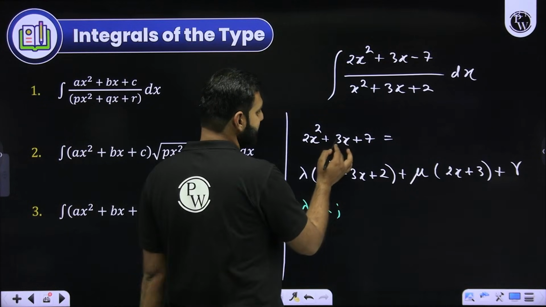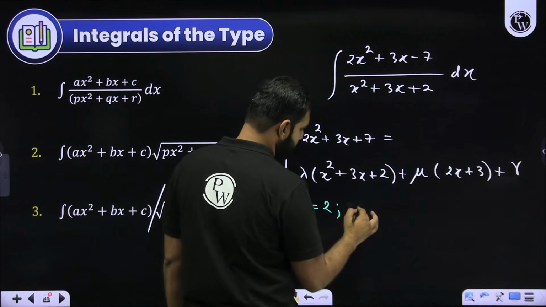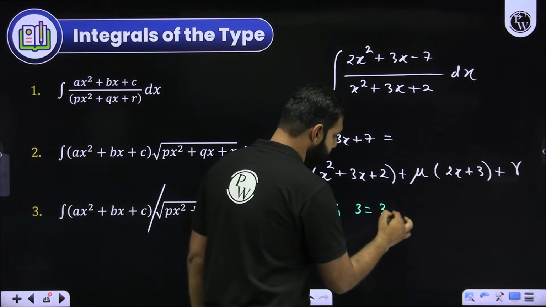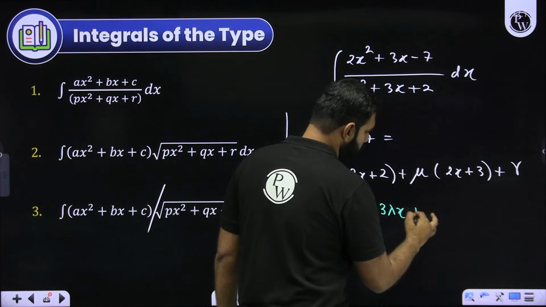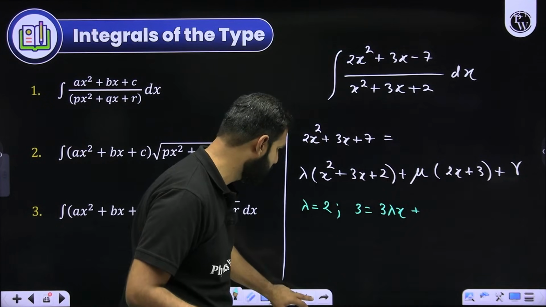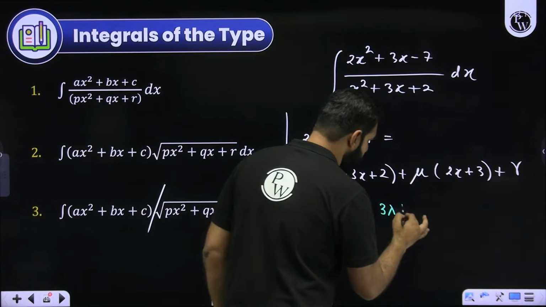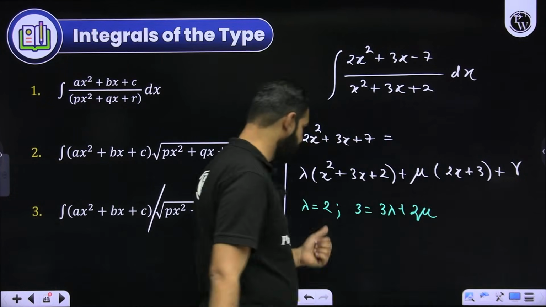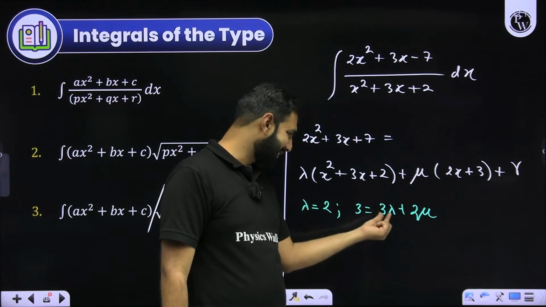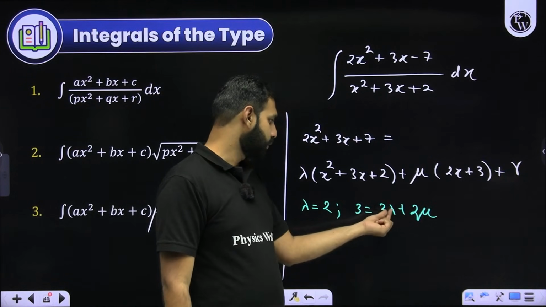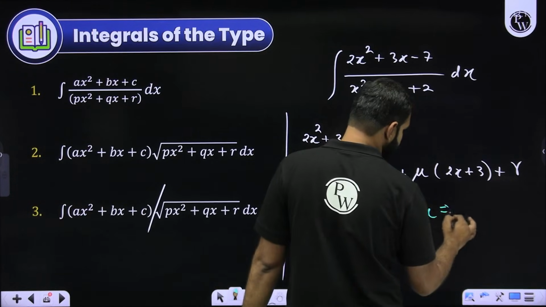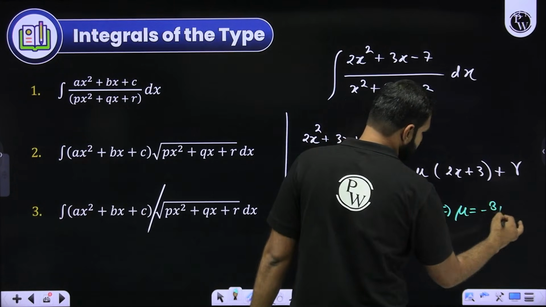So x has a coefficient 3 on the left hand side, but on the right hand side 3 lambda plus 2 mu is what I need to deal with. We know lambda is already 2. I hope you can see it very clearly. So 2 into 3 is 6. So 3 minus 6 is minus 3. So minus 3 by 2 is going to be the value of mu. So mu is going to be minus 3 by 2.